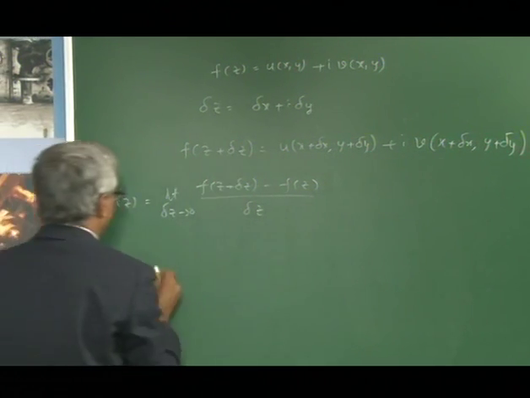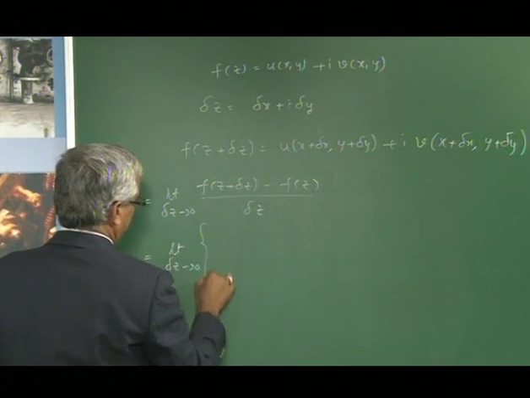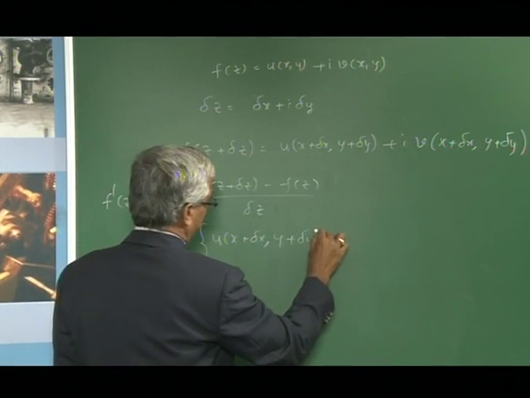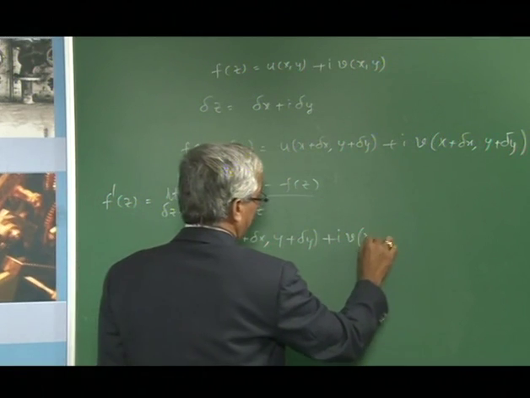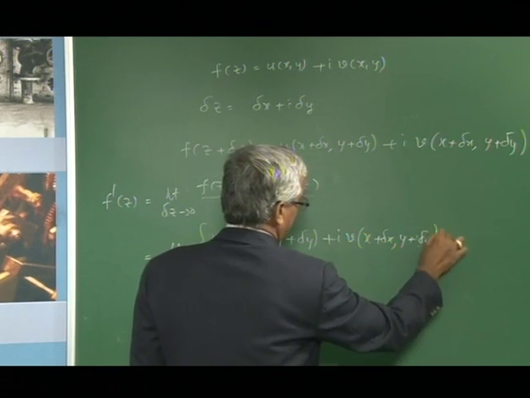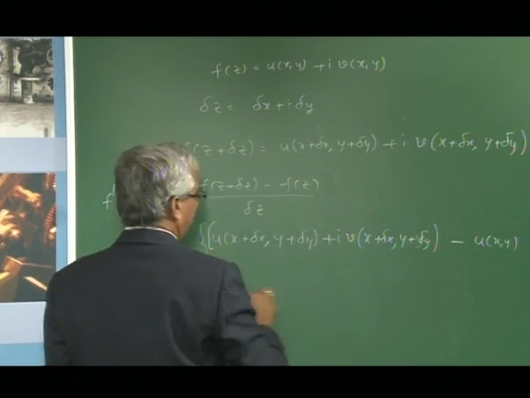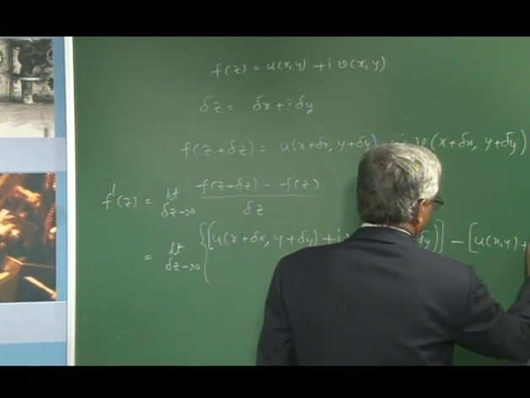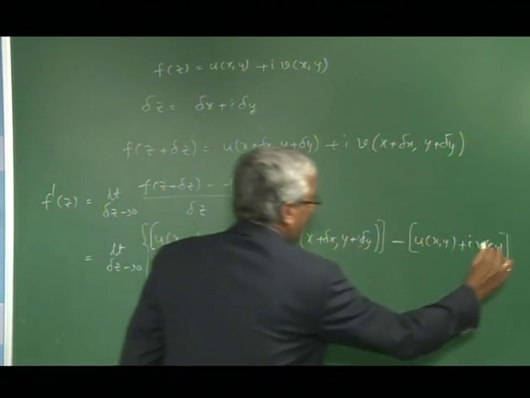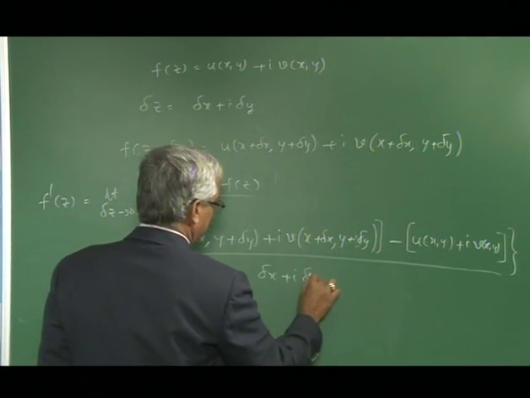Simply transforming all these parameters, it is limit delta z tends to 0 of u of x plus delta x, y plus delta y plus i into v of x plus delta x, y plus delta y, minus u of x comma y plus i into v of x comma y, and this is divided by delta x plus i delta y.